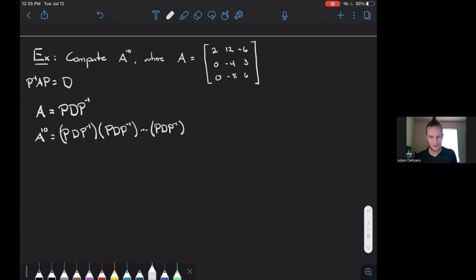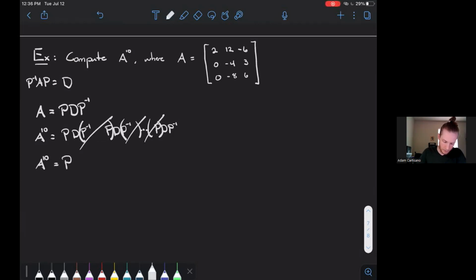That's cheating, but okay. Notice by associativity, I can just drop the parentheses and reapply them in any order that I want. And every time I do, notice the inside P's all get paired with their inverse, so they all cancel. So what's left is A to the 10th is P times D to the 10th times P inverse.